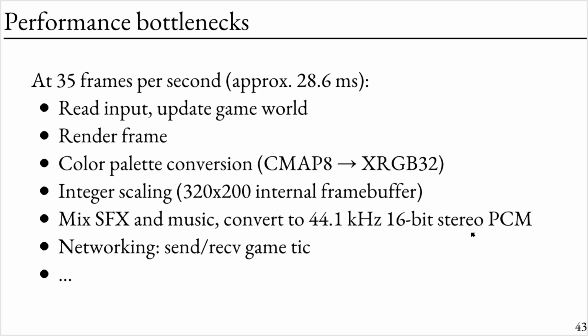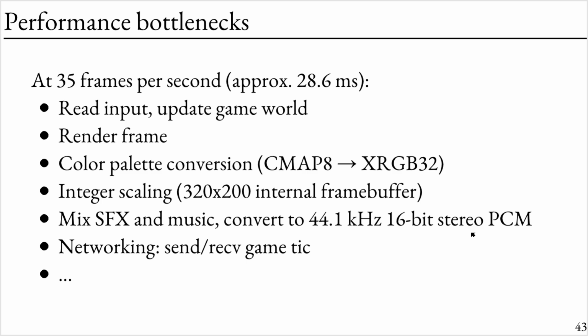And finally, some notes on performance. So Doom runs at 35 frames per second. It has to read input, update the game simulation, the game world. It has to render a frame. It has to do color palette conversion and integer scaling from a 320 by 200 pixel internal frame buffer to Full HD or 4K or whatever sized window.